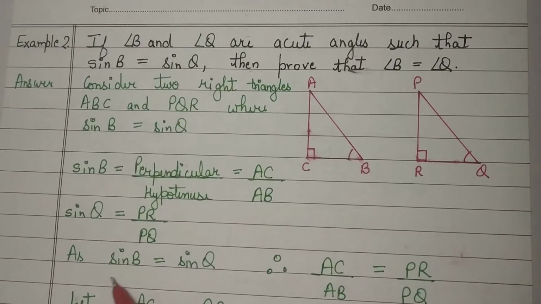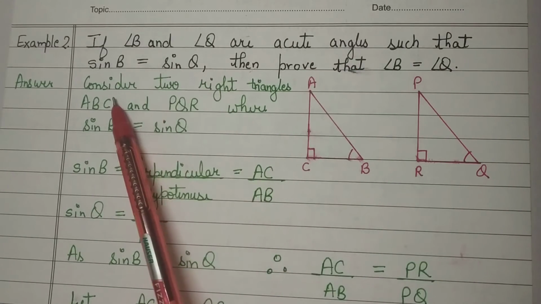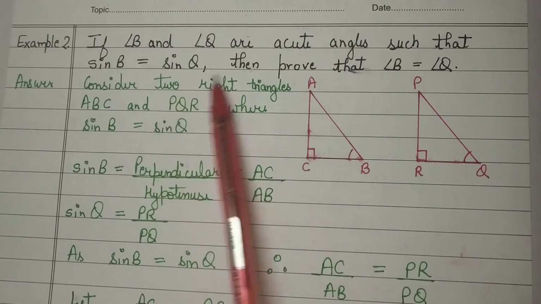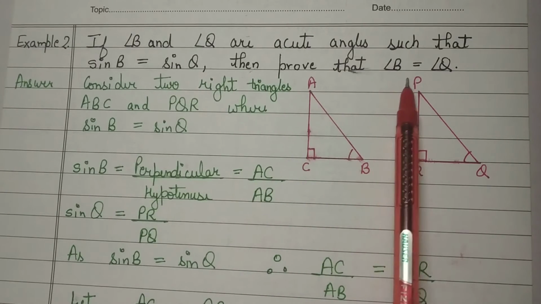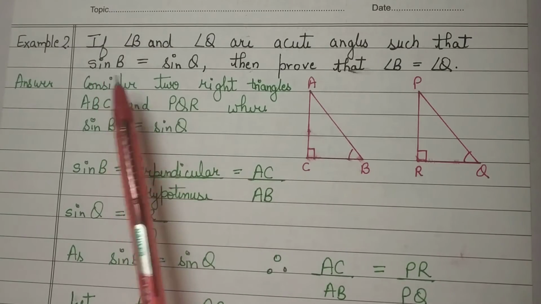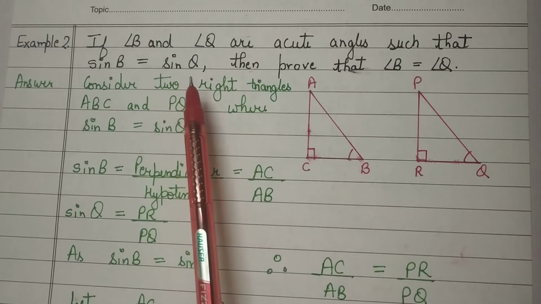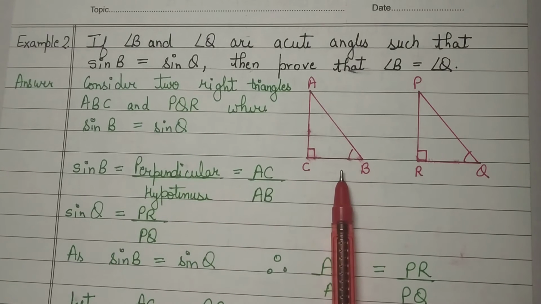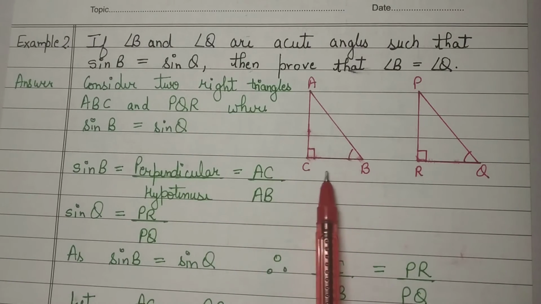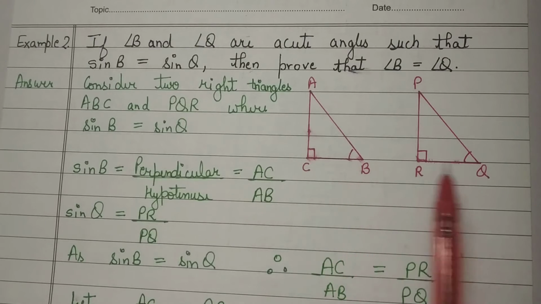If angle B and angle Q are acute angles such that sin B is equal to sin Q, then prove that angle B is equal to angle Q. Here firstly I have given angle B and angle Q as acute angles. So I will make the right angle triangles because I need to apply the trigonometric ratios, and I will mark the angles B as an acute angle and Q as an acute angle.